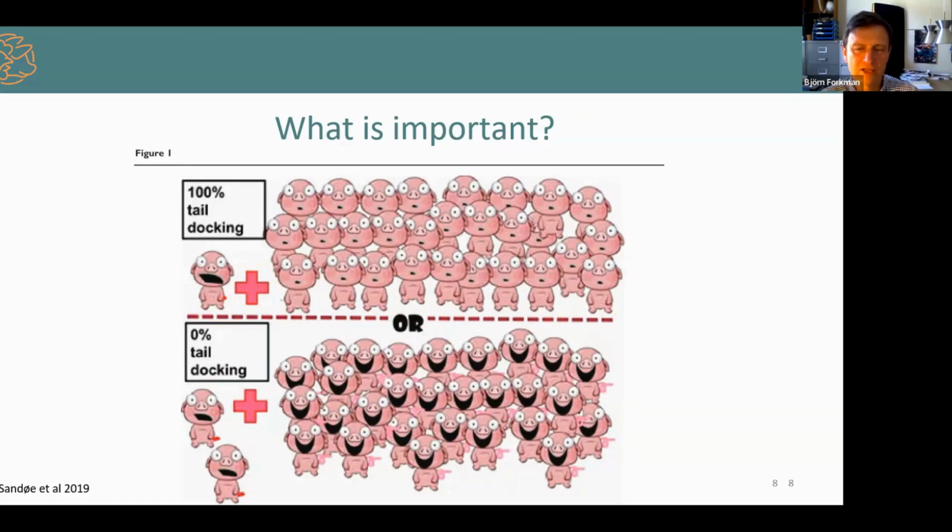And this is not just a theoretical, philosophical discussion. This really influences both legislation and the way you want to aggregate animal welfare scores.